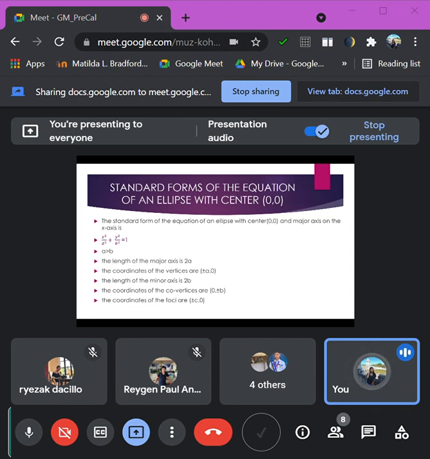So, don't get confused, class. This one is horizontal, our graph. This is the formula.